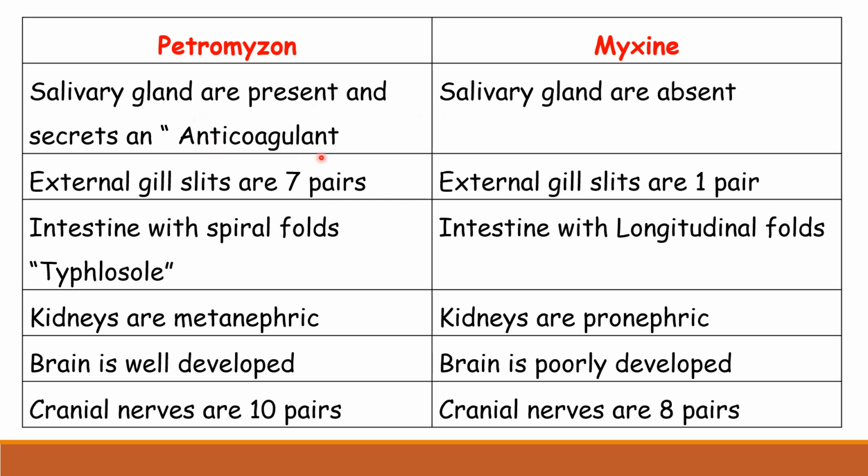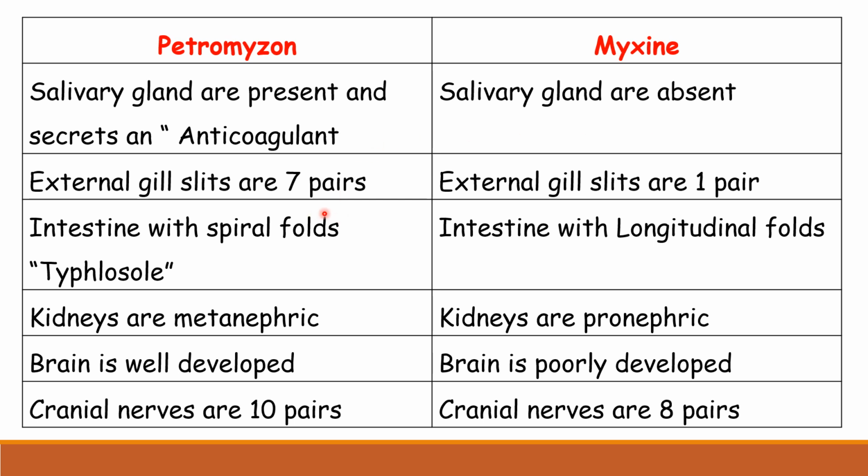You can correlate this secretion of anticoagulant to the feeding mechanism, because in the previous slide we discussed that lampreys suck blood. It is a very common phenomenon: all blood-sucking animals have to secrete an anticoagulant, and lampreys exhibit the same character. On the other hand, in myxin, the salivary glands are completely absent.